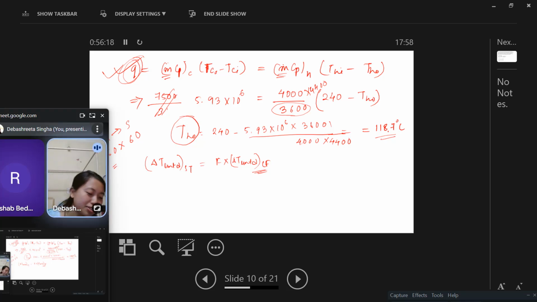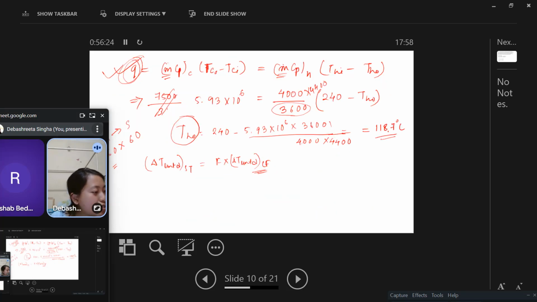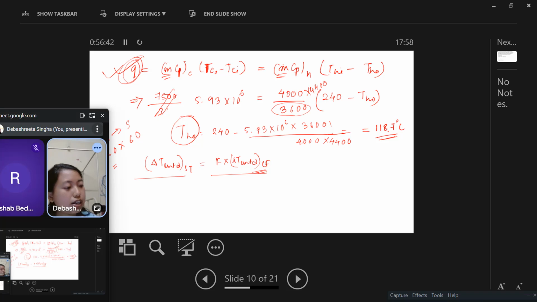Okay, you calculate it later. I have given you this, which should be the answer for Q, and this should be the answer for TH naught. Now I'm directly writing: delta T LMTD for shell and tube is equal to F into delta T LMTD for counterflow, provided all the temperatures are the same as for shell and tube.